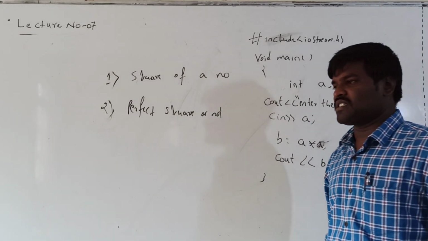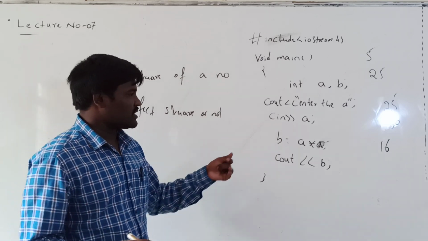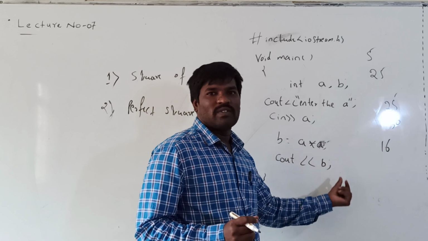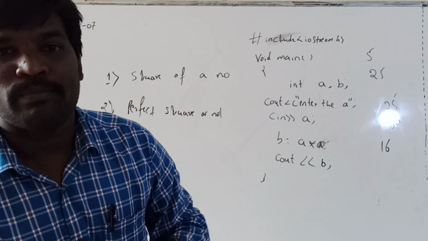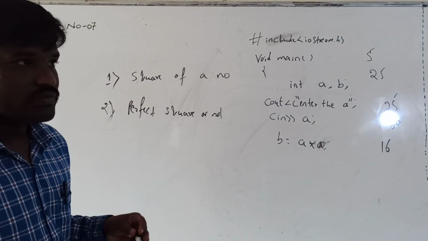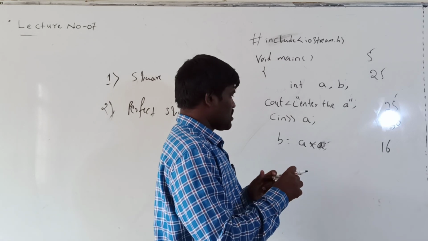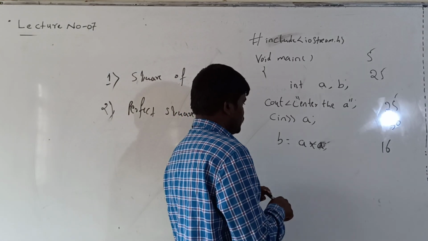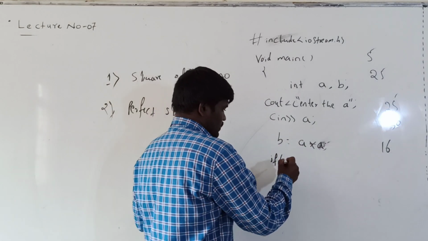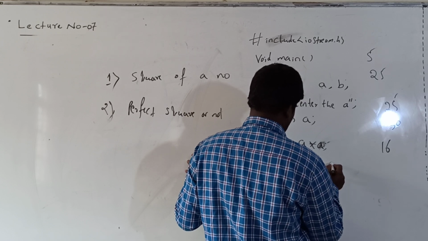For that purpose, first you give one input value. After that you multiply the value with the same value. Next you compare the value. How to compare? See here, if b is equal to a.